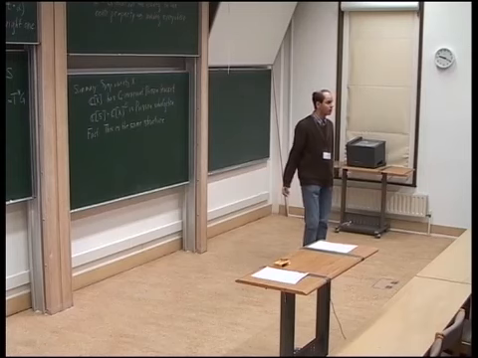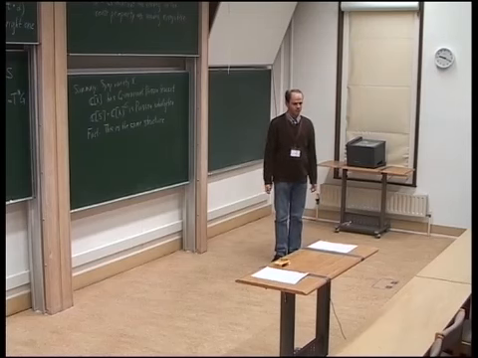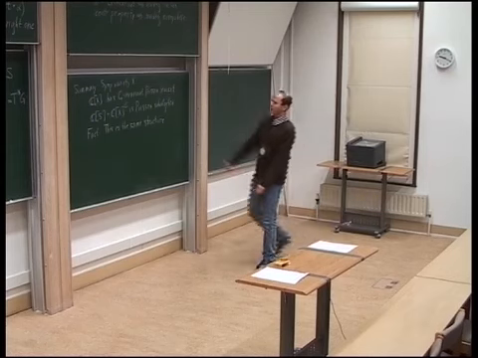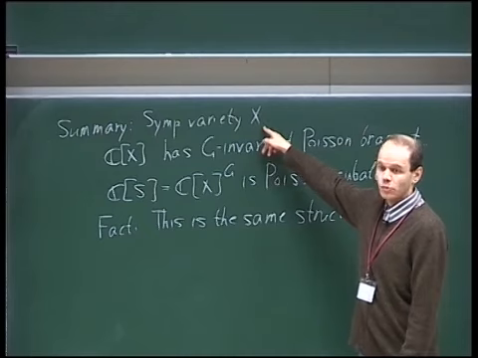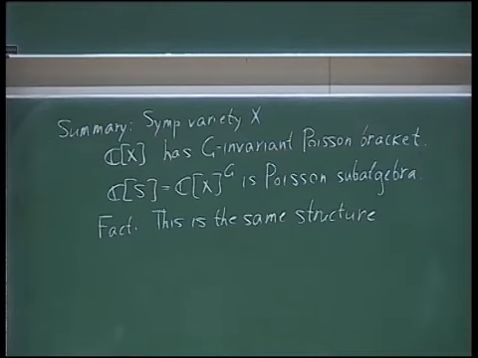It was solved completely by Kontsevich, but his procedure is extremely difficult. Now, symplectic varieties are much easier to quantize. Quantization was established perhaps in the 80s, and I'm going to use one of these constructions, which is due to Fedosov.